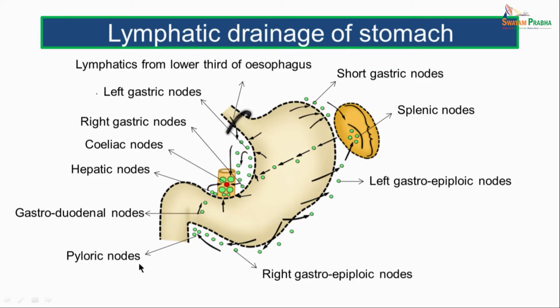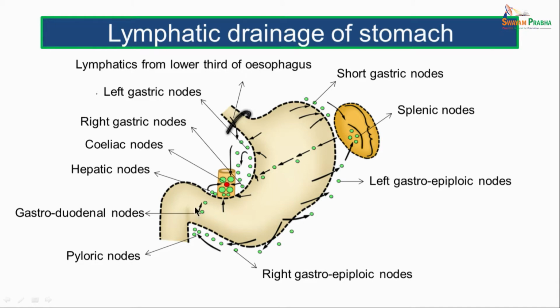Now, let us see these various groups of lymph nodes. Around the fundus part of the stomach are the short gastric lymph nodes. These receive the lymph from the upper 1/3 of the left part of the stomach. Around the hilum of the spleen, we see the splenic lymph nodes. More inferiorly, near the greater curvature, we see the left gastroepiploic nodes and the right gastroepiploic nodes. Just inferior to the pyloric antrum, we see the pyloric group of lymph nodes.